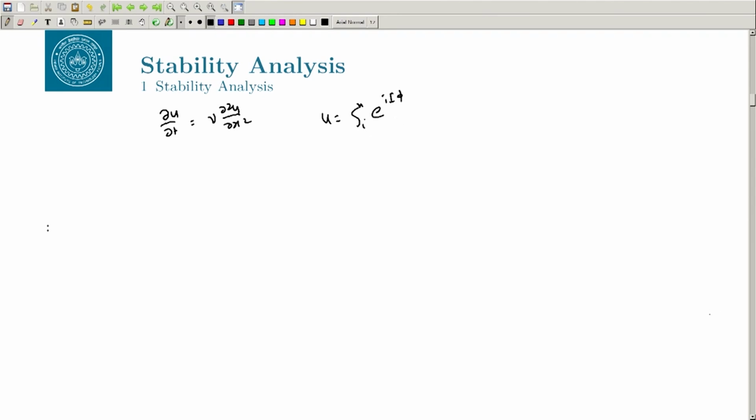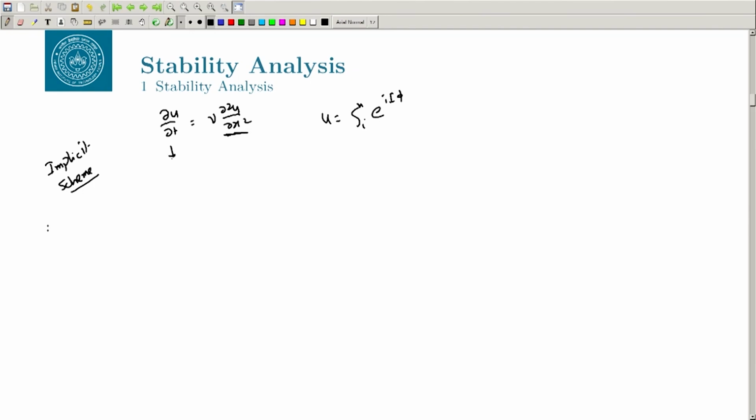Now we are going to use an implicit scheme. That means the right hand term that you are discretizing, the del 2 u, will also be at the time step n plus 1.